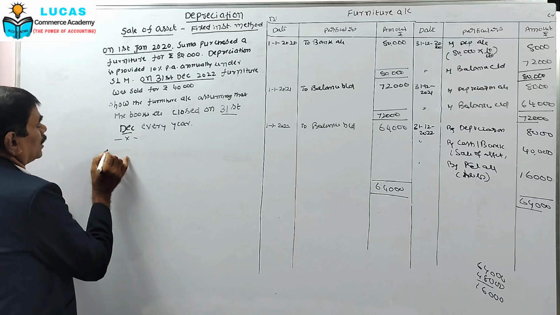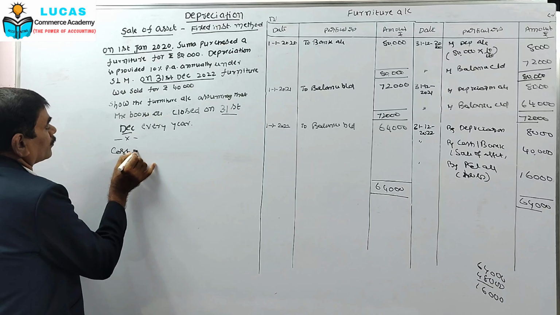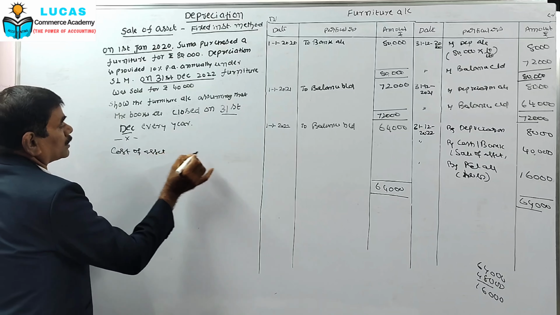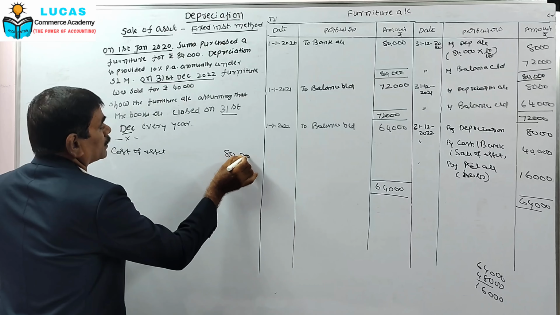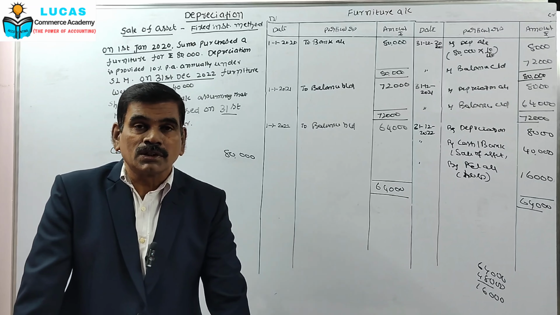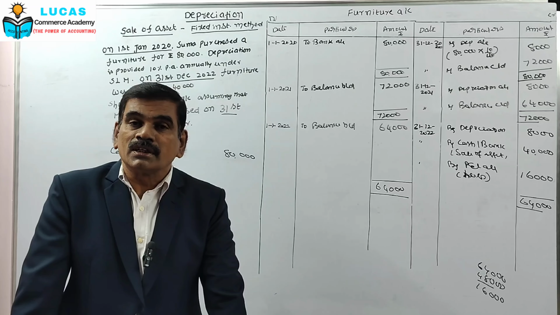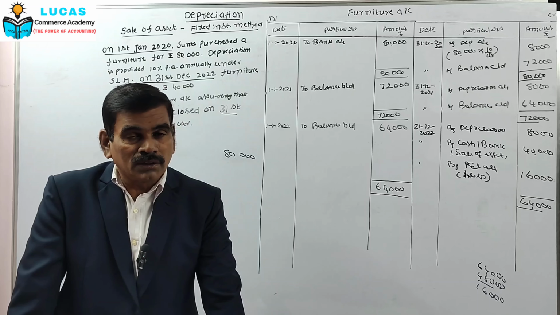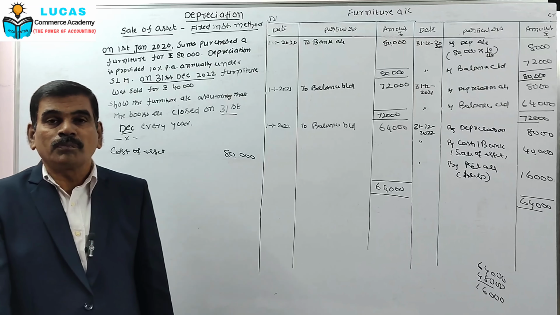First take the cost of asset. Okay, so how much is the cost of asset? 80,000. Then calculate total depreciation from the purchase of the asset to the date of sale.